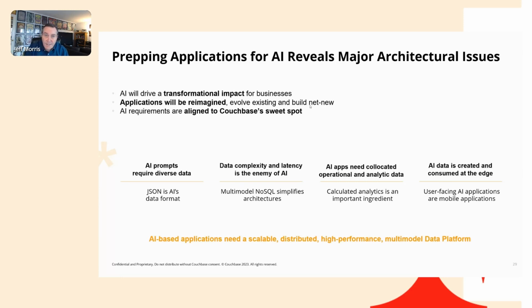So complexity and latency, the two things I've been talking about all morning. High speed, highly reactive interactions, low latency, and reduced complexity. Those are the enemies of your AI-enabled adaptive application. So multi-model NoSQL systems, not only myself, but others, are going to help simplify those architectures.